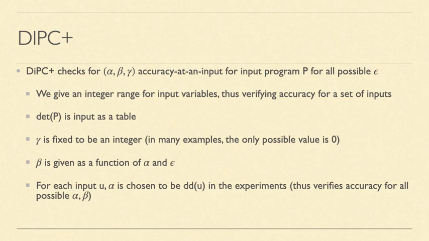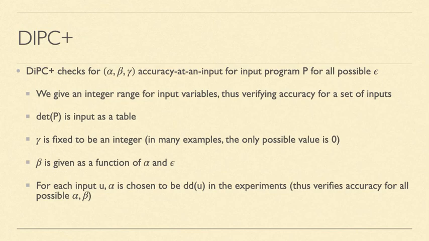The deterministic function that P is given as a table. For each possible input, we give the expected output of det P in this table. Gamma is taken to be an integer, and for many examples, like in SVT, the only possible value of gamma is 0.